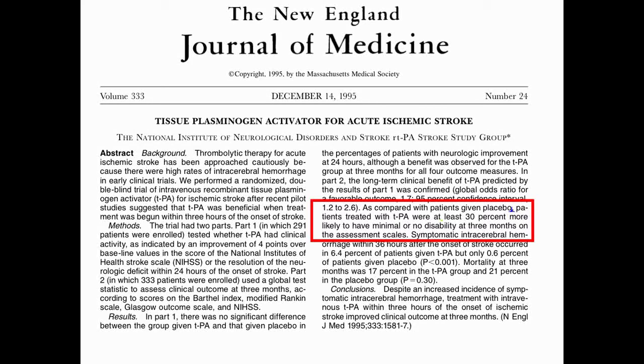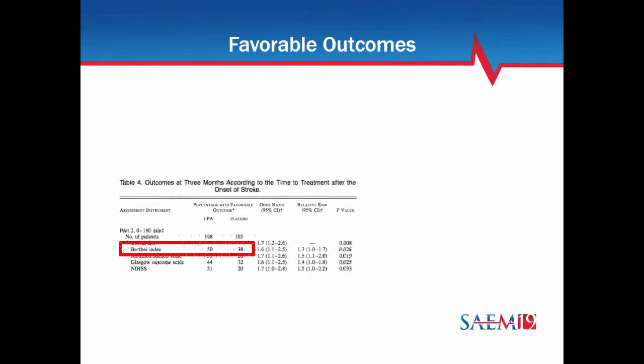So this neurology resident most likely just looked at the abstract, and the abstract says, as compared with patients given placebo, patients treated with TPA were at least 30% more likely to have minimal or no disability at 3 months on the assessment scales. So you don't see any word relative or relative risk reduction here, right? You just see 30% more likely to have a favorable outcome.